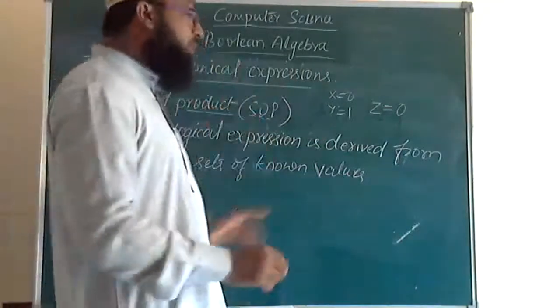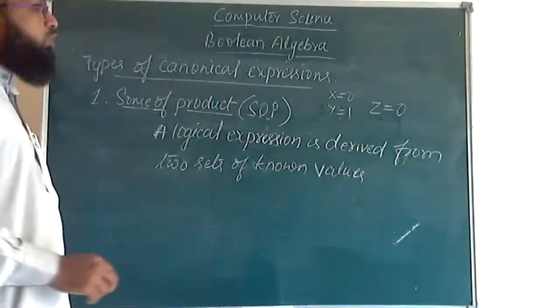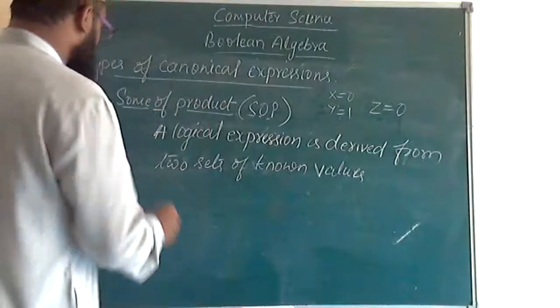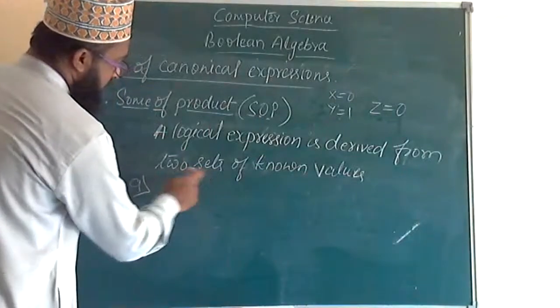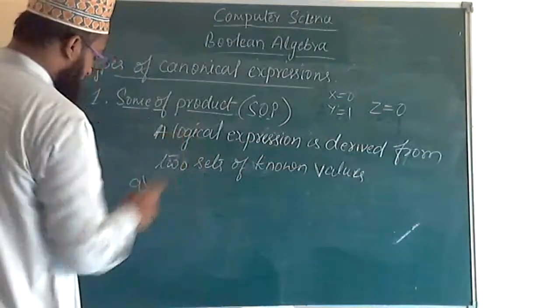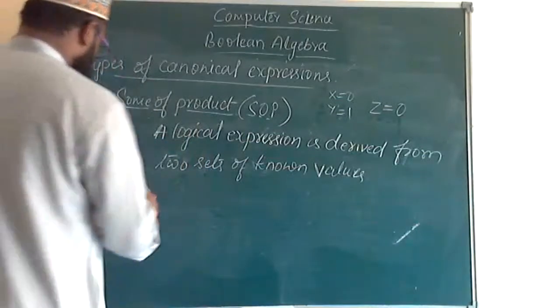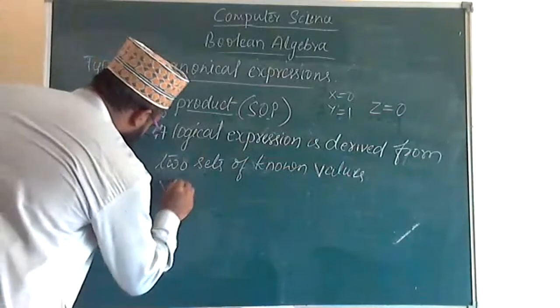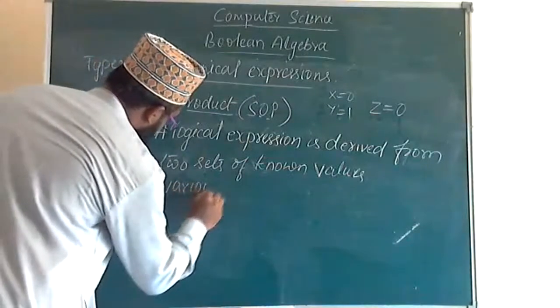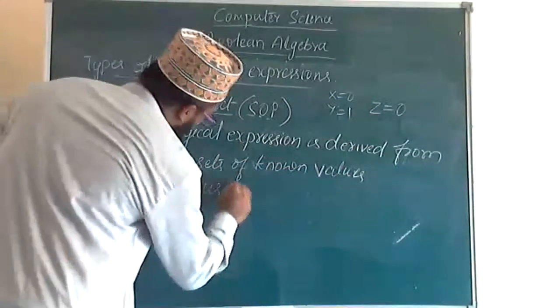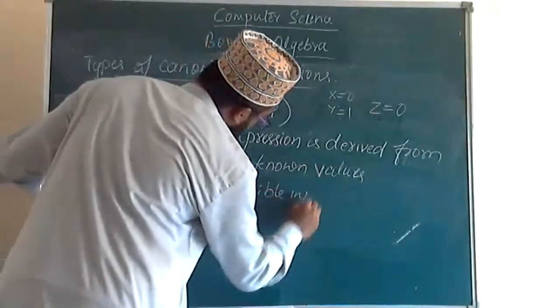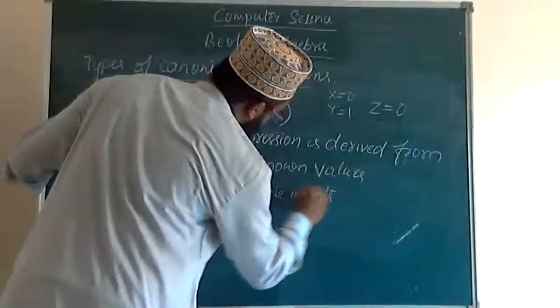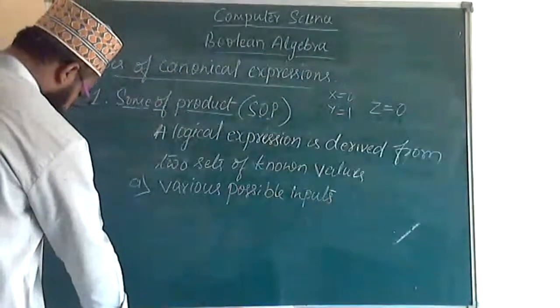What are these two? Here it contains mainly two points. The first one is, what are these two sets? We need to discuss what are these two sets. The first one is various possible inputs. Various possible inputs, that is the first thing.